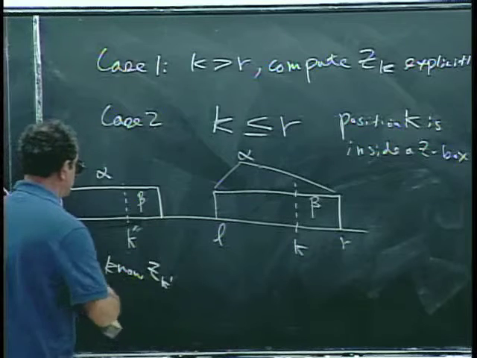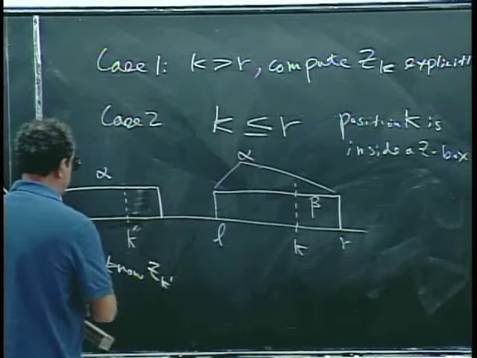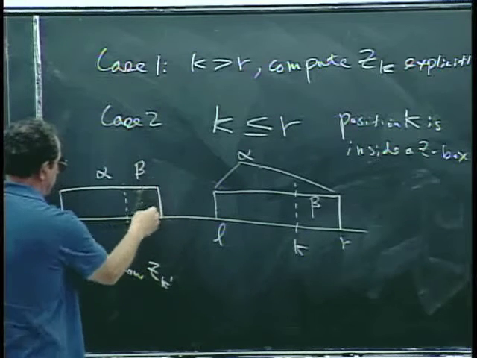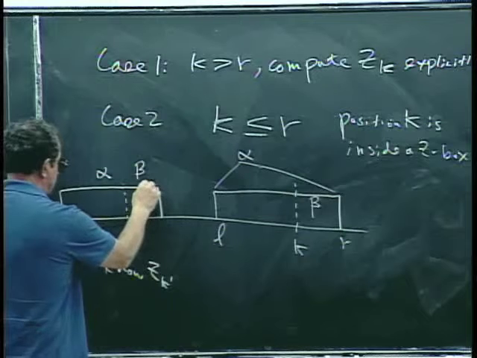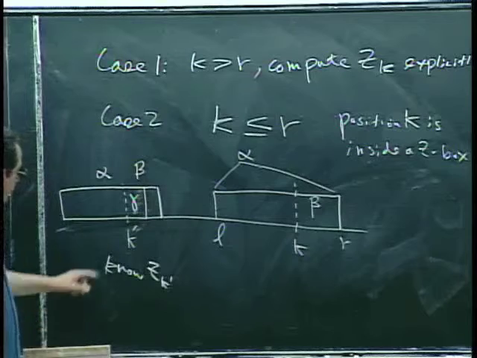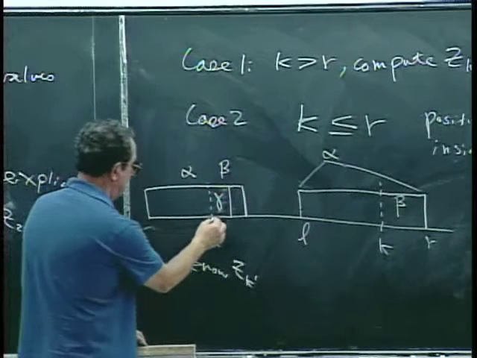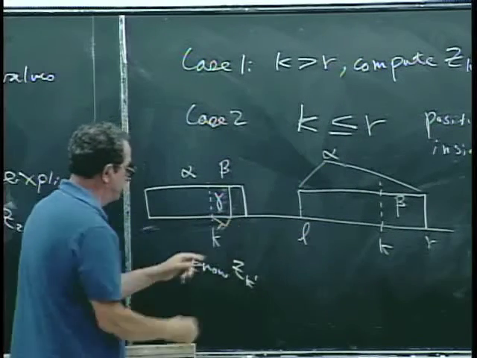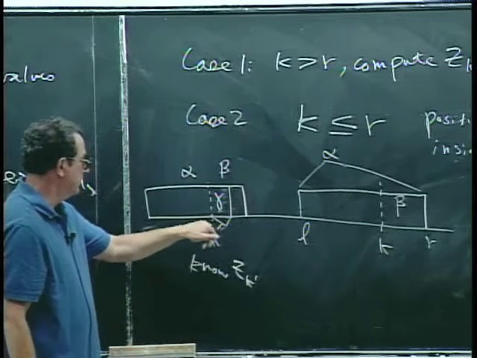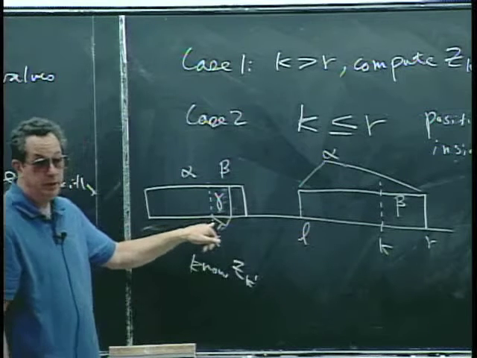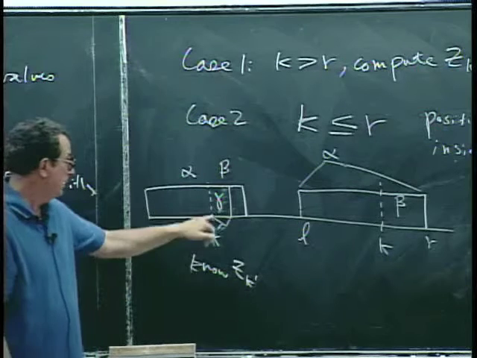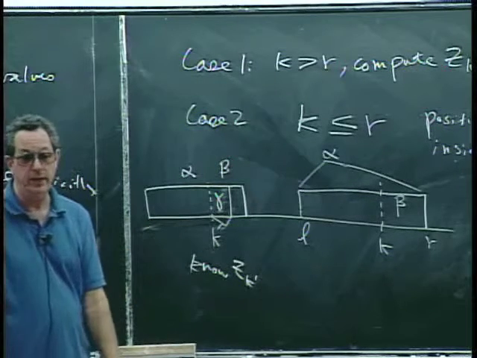So, all right, let's try to draw this a little bit. Here was beta. This whole thing is beta. And let's say that the portion of it that defines Z K prime, that is the longest substring that begins at position K prime that matches a prefix, defines the substring gamma.